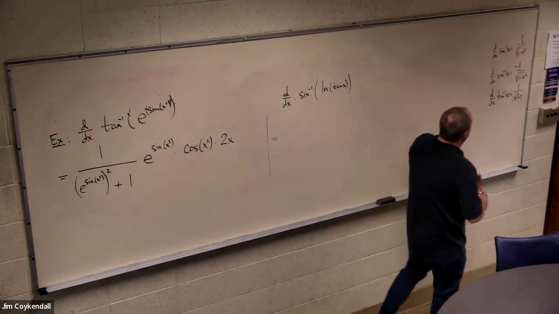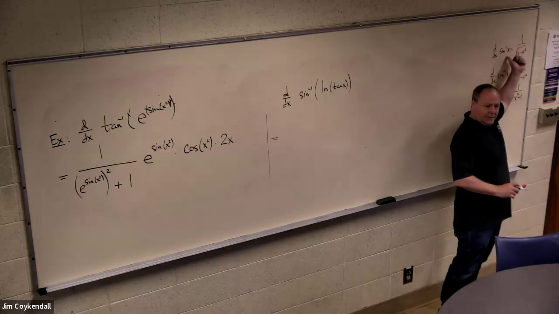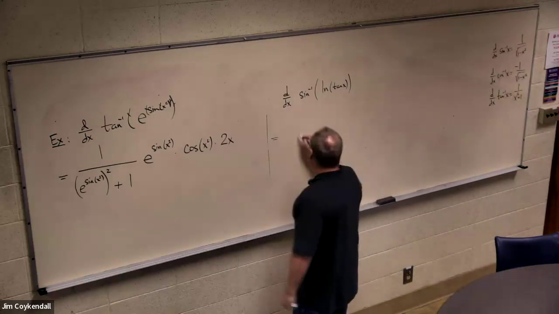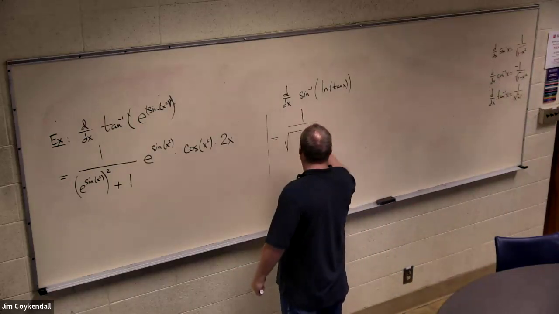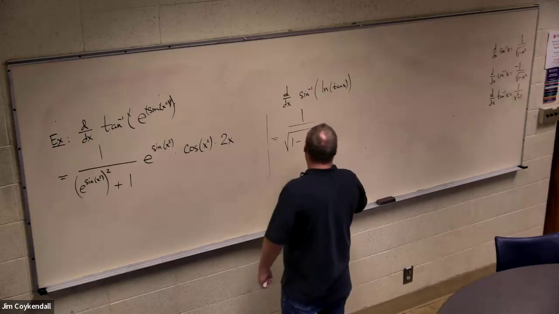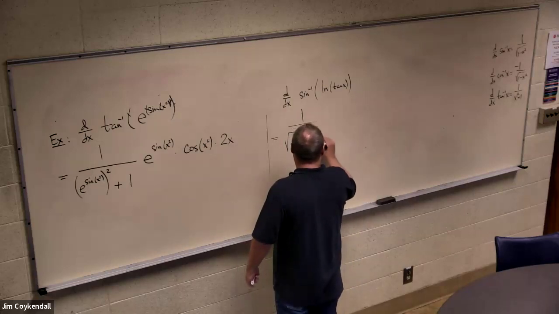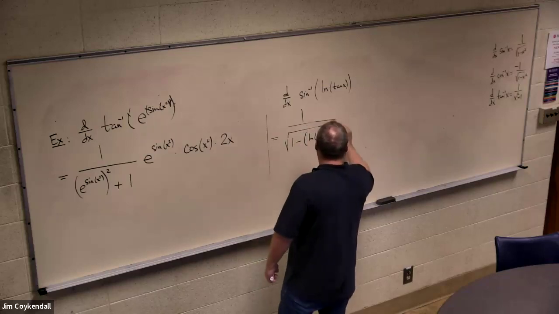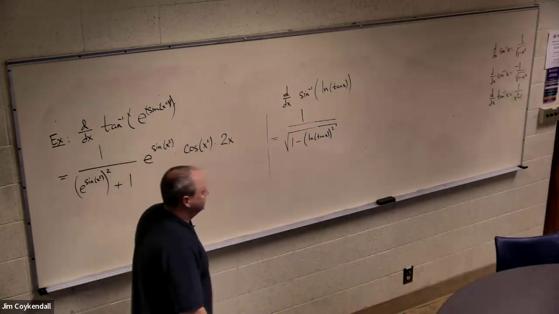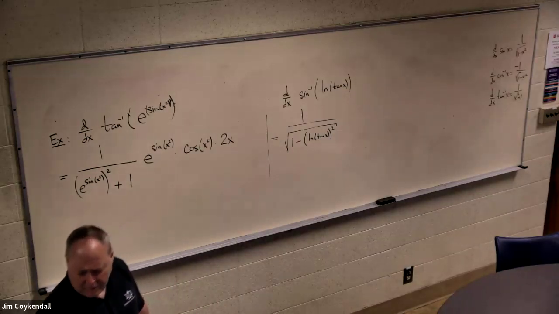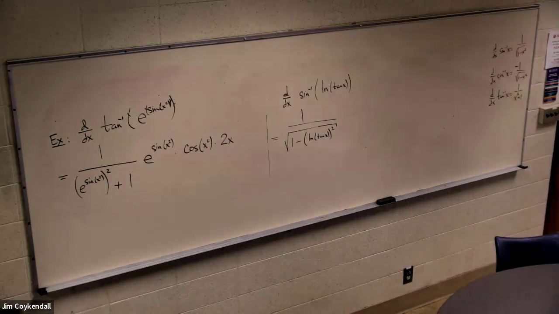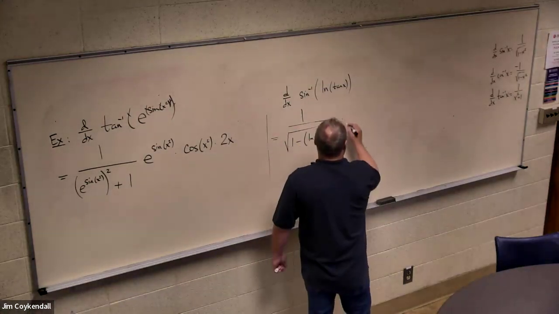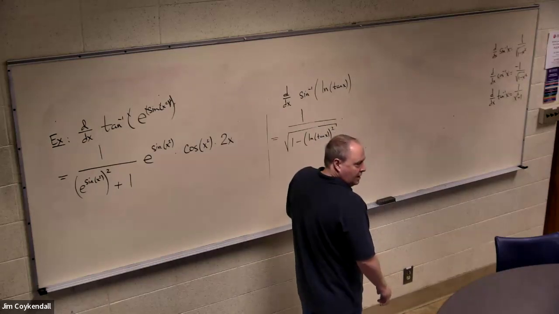The first part of my rule, like this, tells me that the derivative of the inverse sine of blob is 1 over the square root of 1 minus whatever this blob is. Step 1. Everybody okay with this? Okay.